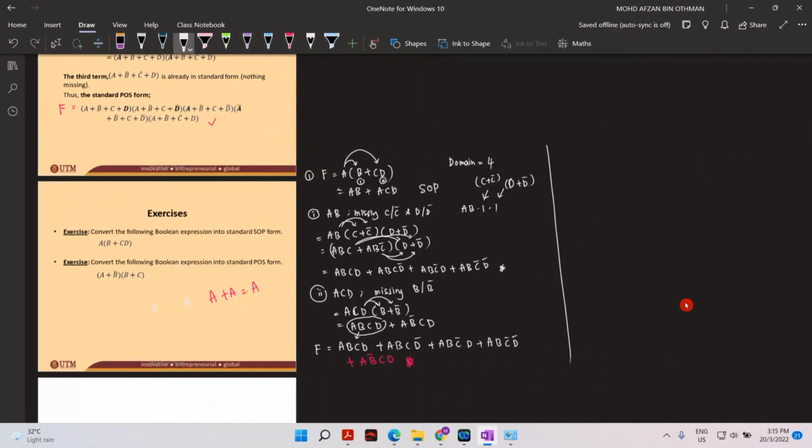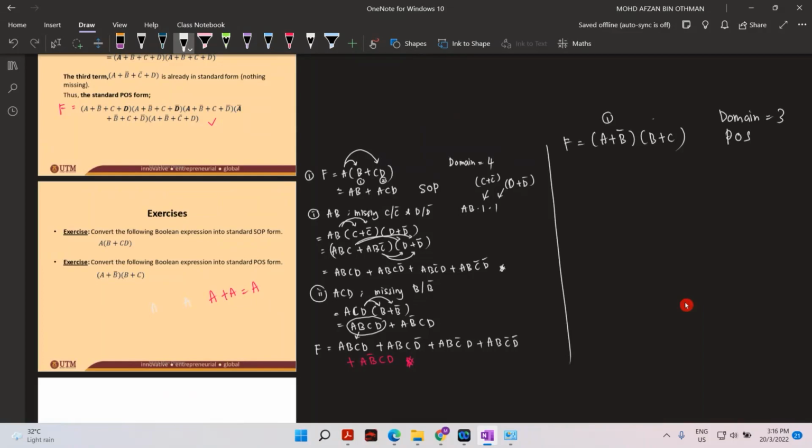Okay, so yang ni F sama dengan A tambah B bar, B tambah C. Okay, so yang ni kita tahu, this is a POS. Okay, but this is a non-standard. Kenapa saya kata non-standard? Sebab kita punya domain tak lengkap. Ada 3 domain, tapi setiap sum term ni cuma ada 2 domain. Yang ni pun ada 2 domain. So, one domain is missing lah untuk setiap satu.